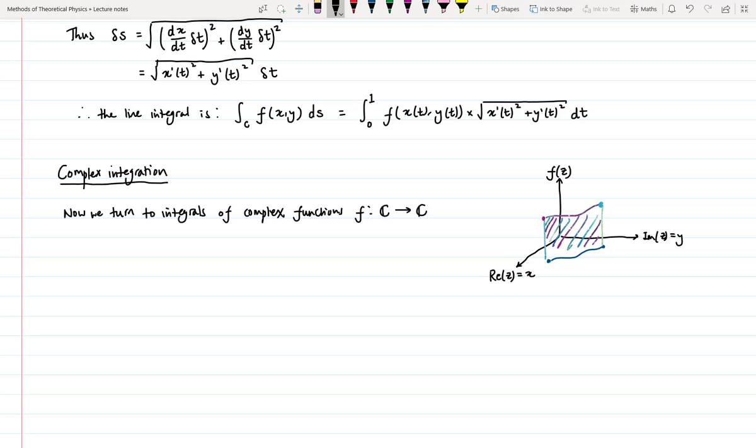To reiterate, now we want to evaluate integrals like something like the integral along c of f of z dz, and these are called contour integrals.